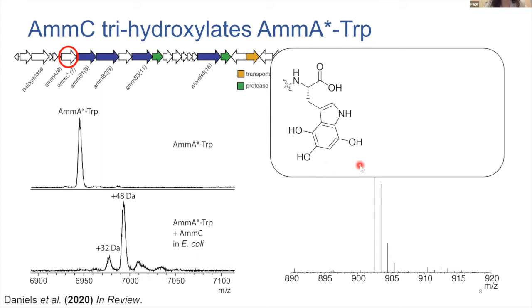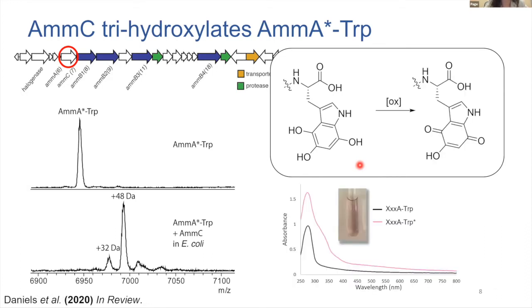We predict this structure based on downstream NMR of a later intermediate. Another observation that becomes important is that over time, this plus 48 Dalton product degrades into a plus 46 Dalton product. And we also observe a color change. So this is indicative to us of some oxidation to potentially a quinone.